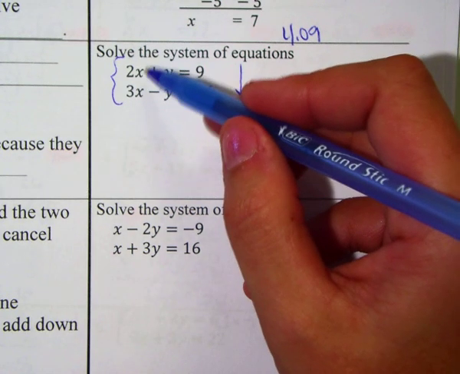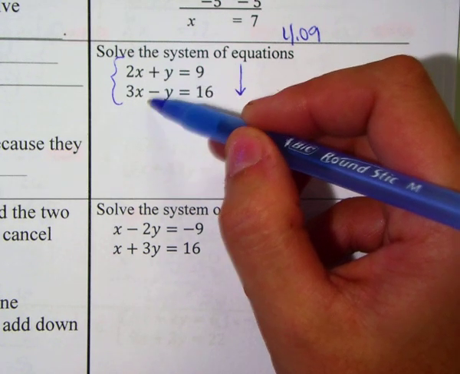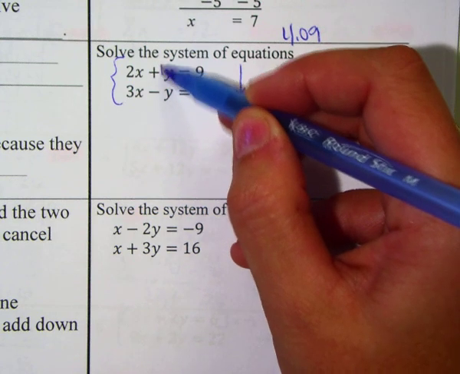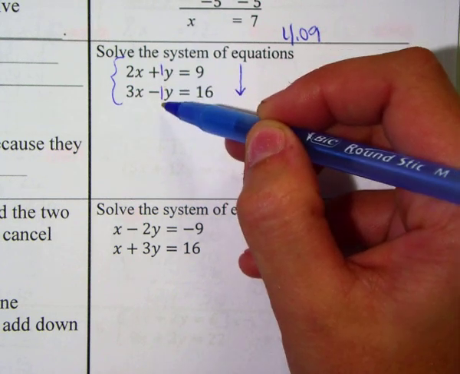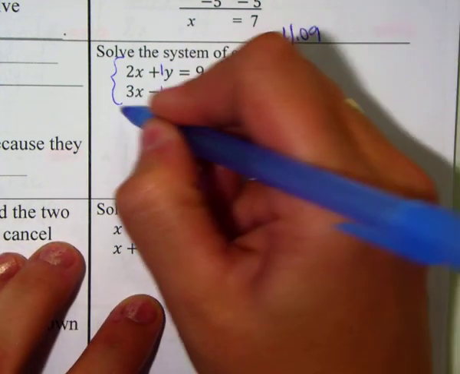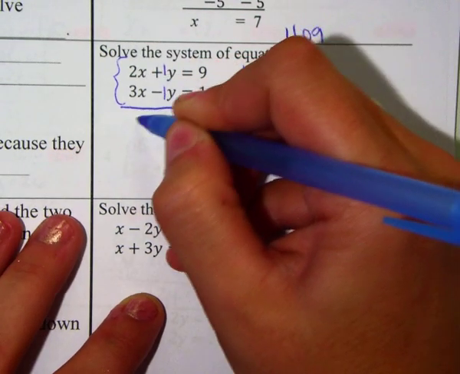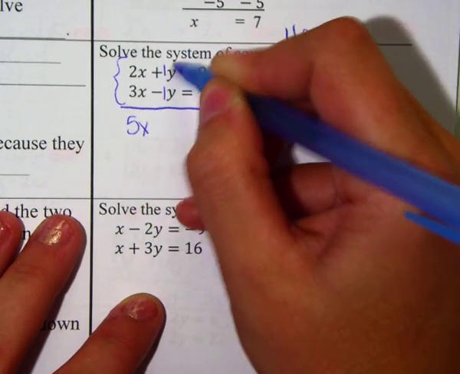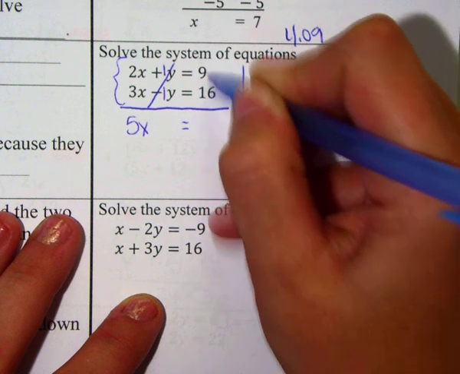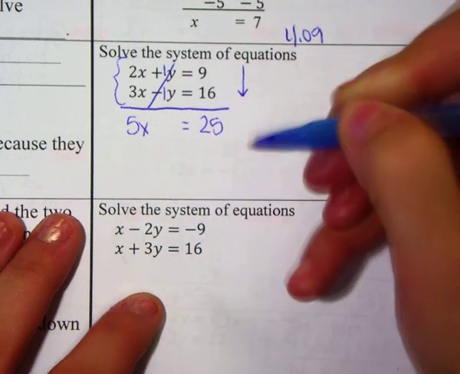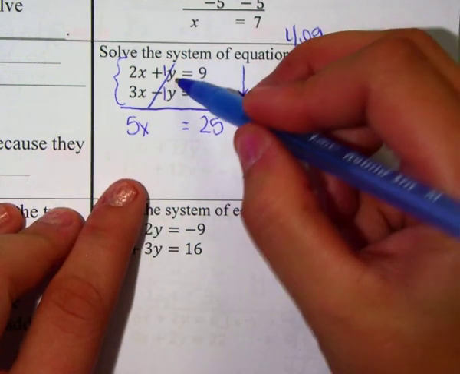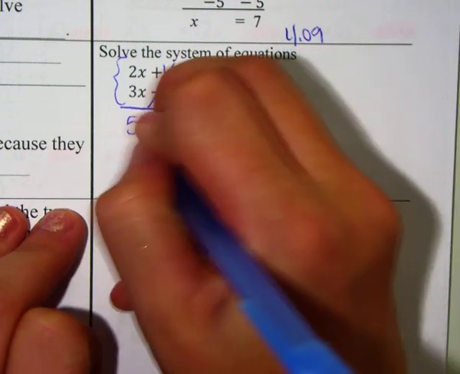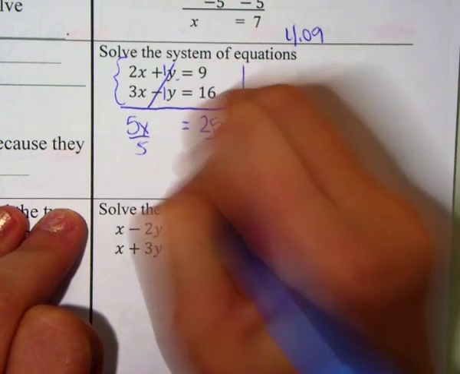So for example, the x terms would become 5x. But this right here is a positive 1y minus 1y, which equals 0. And so when we add these straight down, this is 5x, this becomes 0, and this is 25. We have now eliminated the y term to just solve for x.